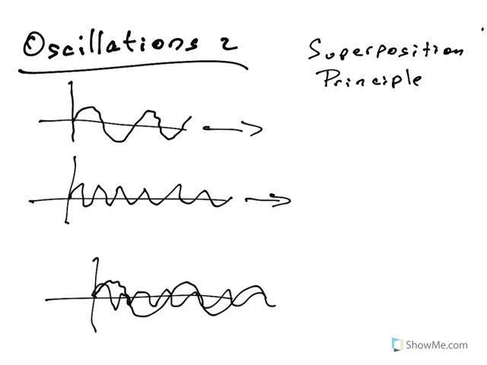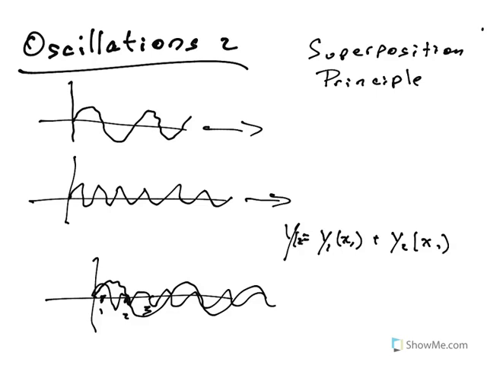Each one has a value, so let's say the value at x equals 1, and x equals 2, and x equals 3. The value of our new wave, call it y, is going to be the value of the first wave at some x, plus the value of the second wave at that x.